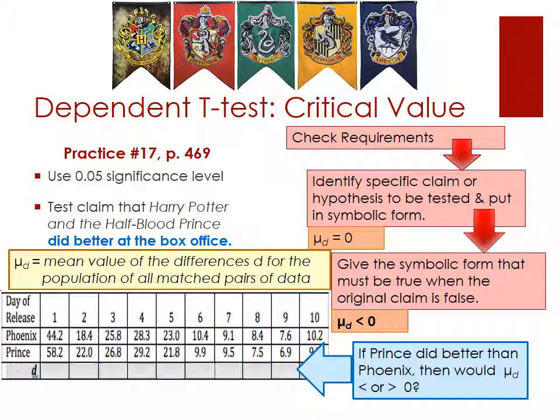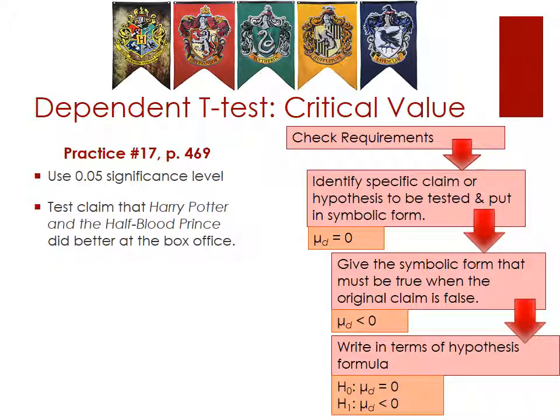If you need to go back and watch that again to make sure you follow how you extrapolate from the problem what your different hypotheses are going to be. And of course, in terms of a hypothesis, we have our null, which is mu D equals 0, and our alternative is mu D is less than 0.